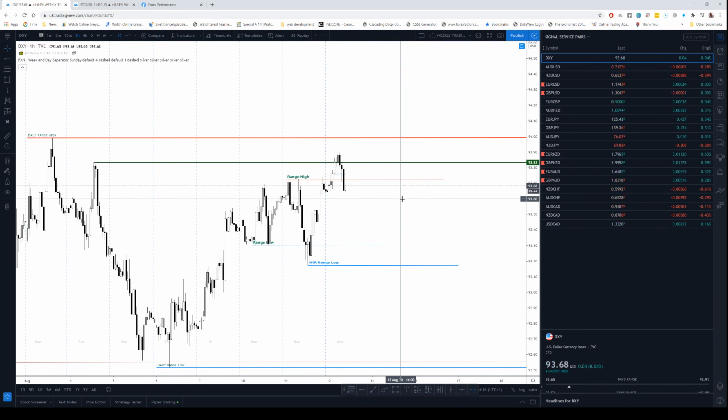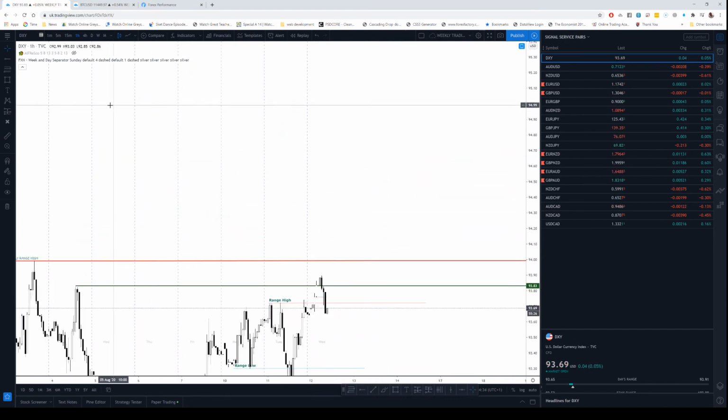On every time frame there is a structure that you need to understand. Okay, so what do I mean by a structure? A structure is: is the market going up or is the market going down?